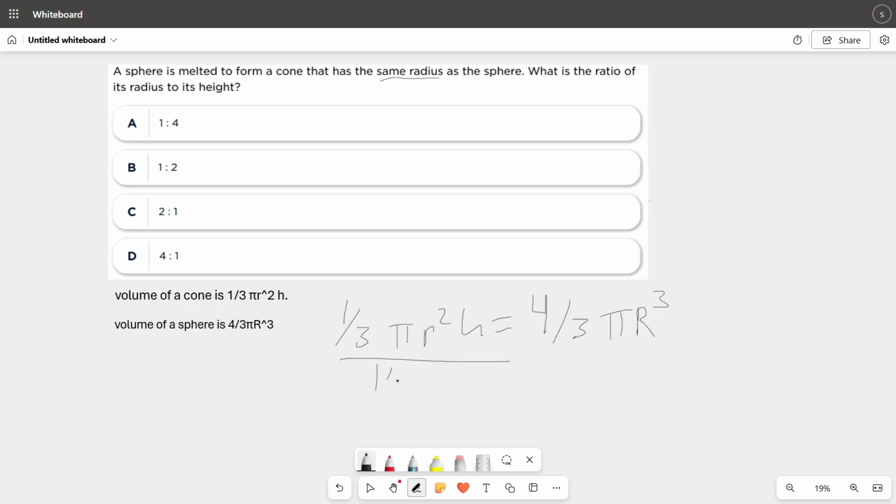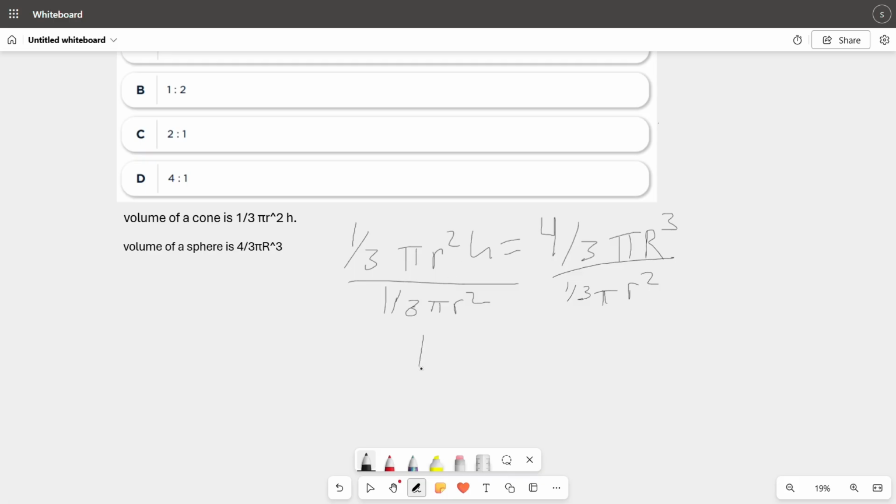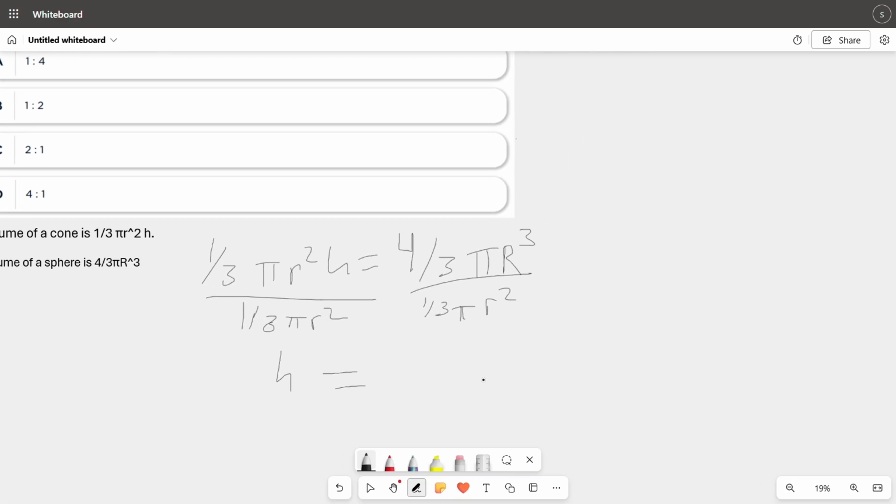So here we would just get h. And 4 over 3, since it's divided by 1 over 3, we could just multiply by 3 over 1, and that would get us to 12 over 3, which is equal to 4. So it'd be equal to 4r.